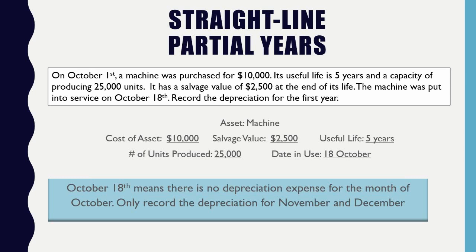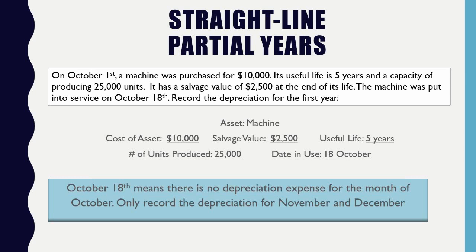So in this example, okay, on October 1st, a machine was purchased for $10,000 and its useful life is 5 years, and it has a capacity of 25,000 units, or it could produce it, right?